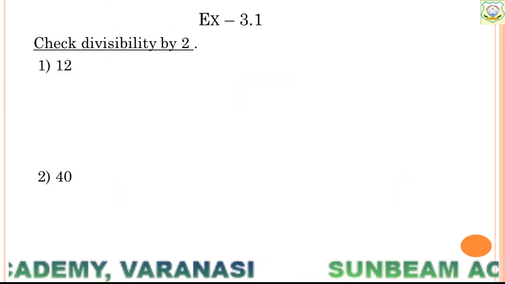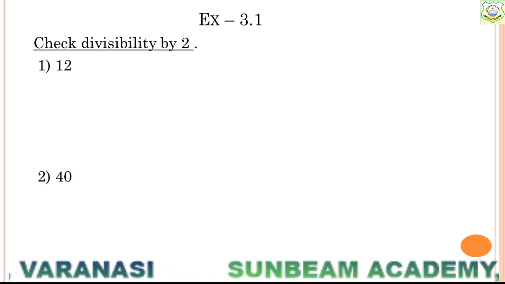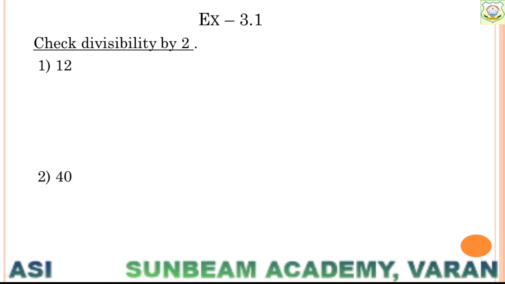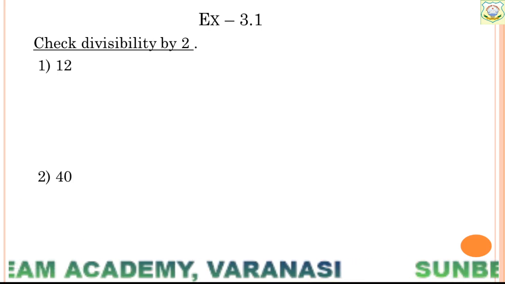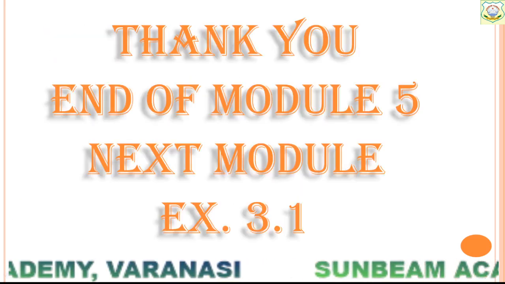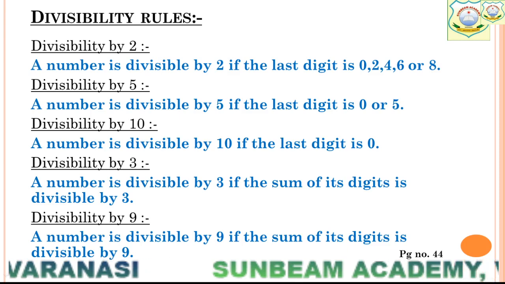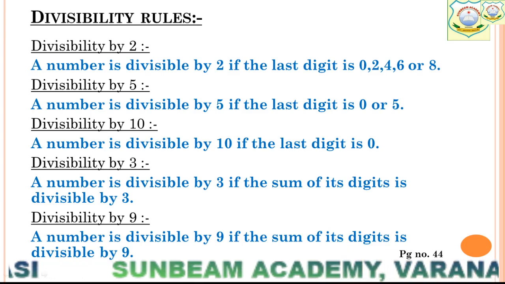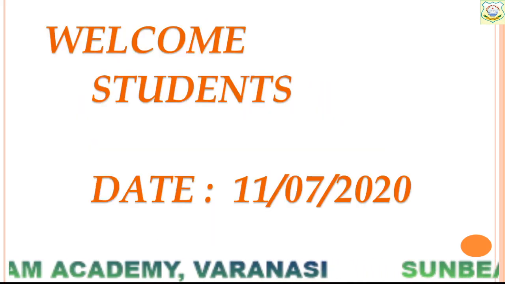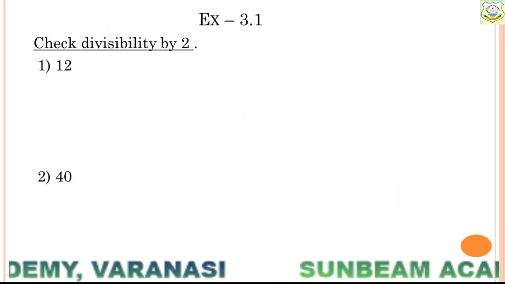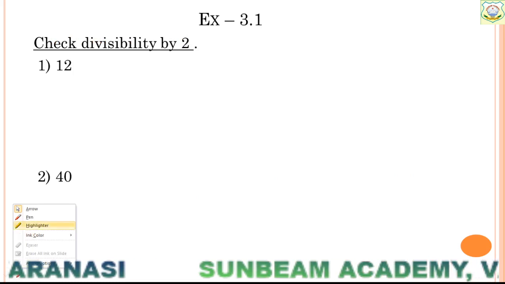First of all, take out your notebooks, everyone. Yesterday we did the rules. You have all completed these rules, right? You have written them in your copy? Very good. Now we are going to do questions based on this.